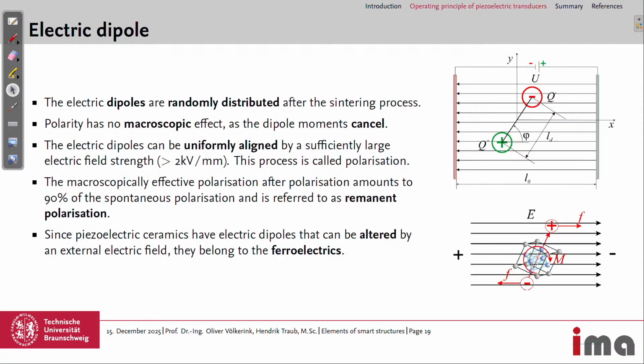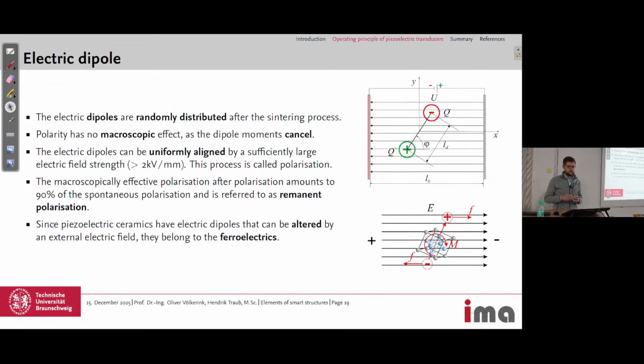So when we have this polarization, it forms an electric dipole, and the electric dipoles are randomly distributed after the sintering process.